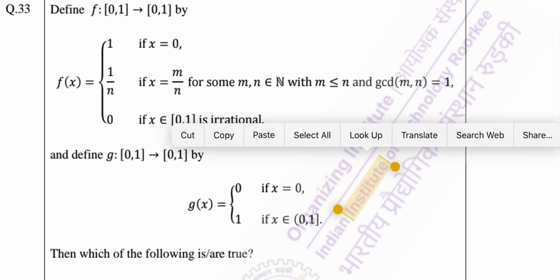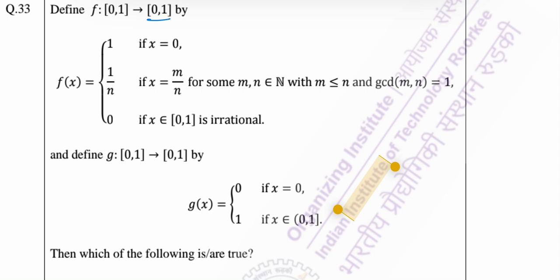Here is the interval, 0 to 1, and if we divide this interval, let us take the number of intervals to be a.